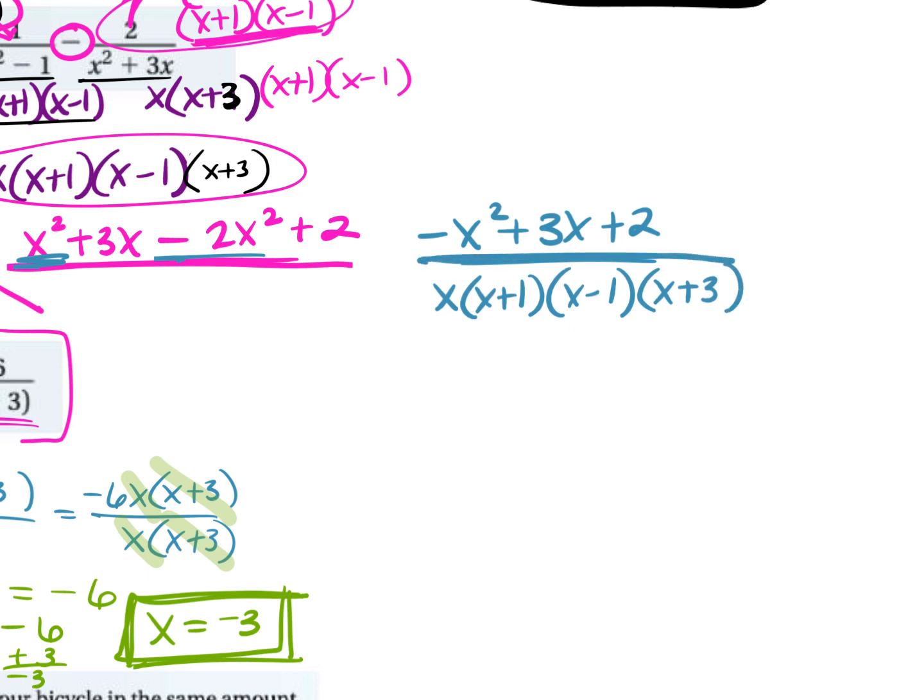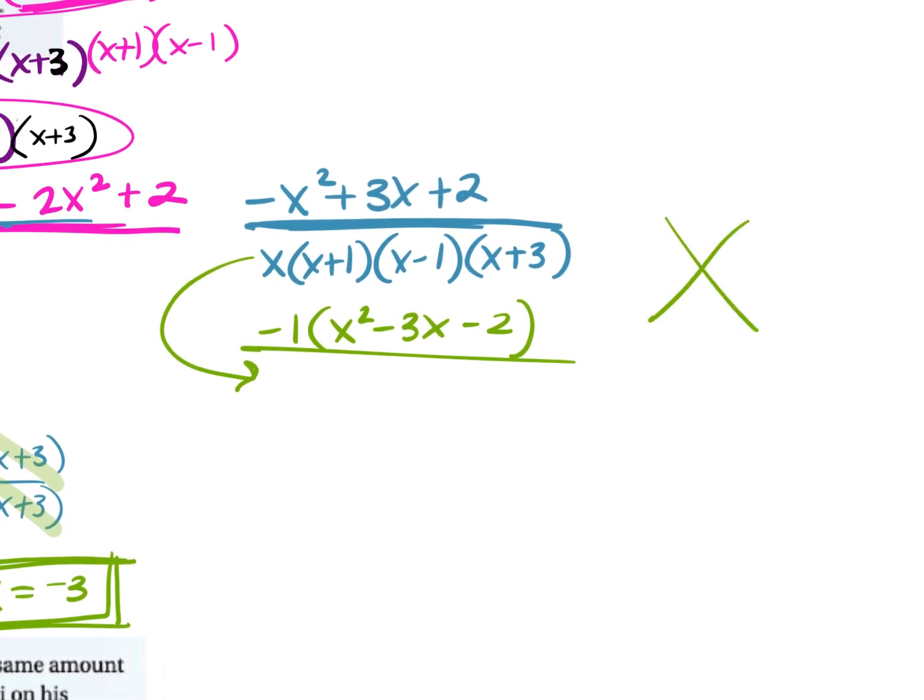My guess is you can factor this out. So if I factor out a negative 1, first of all, it'd be negative 1 times x squared minus 3x minus 2 over this whole thing again. Let's see, can you multiply something to get a negative 2 that you can add to get a negative 3?